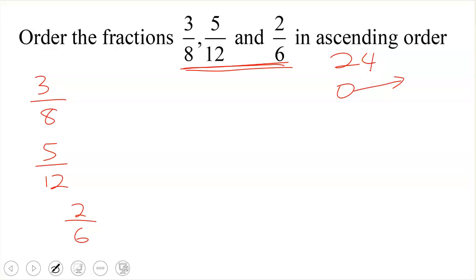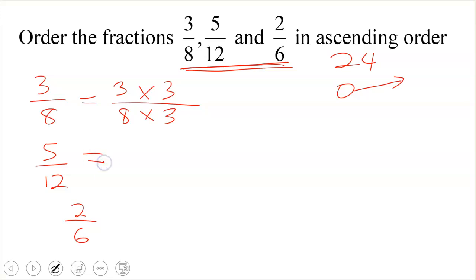So if the LCM is 24, now you ask yourself, what will I multiply the denominator 8 by to give me 24? That's 3. So you multiply the numerator by the same 3 as well. Whatever is done to the denominator, the same thing is done to the numerator.